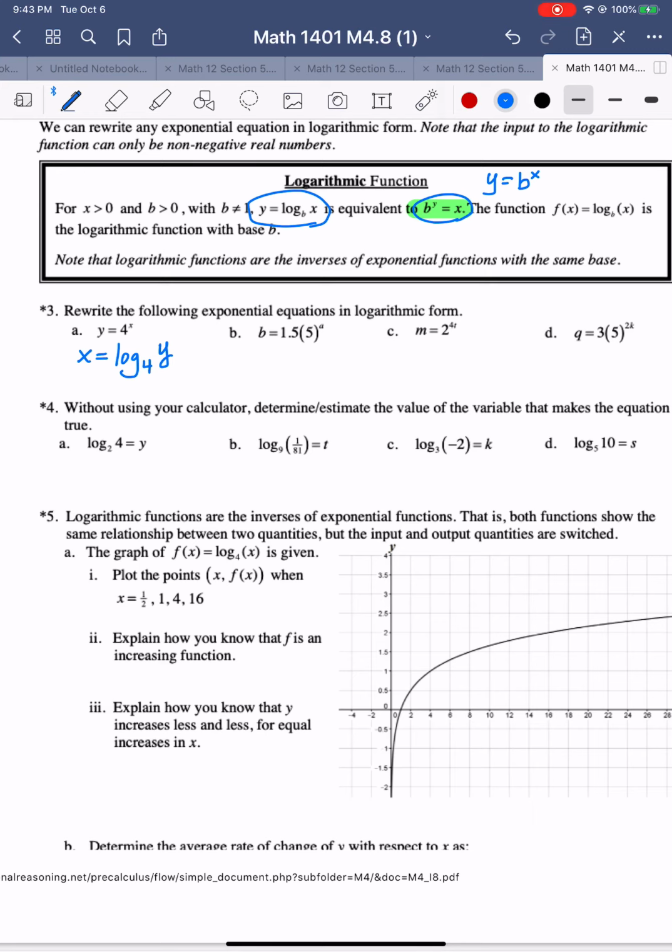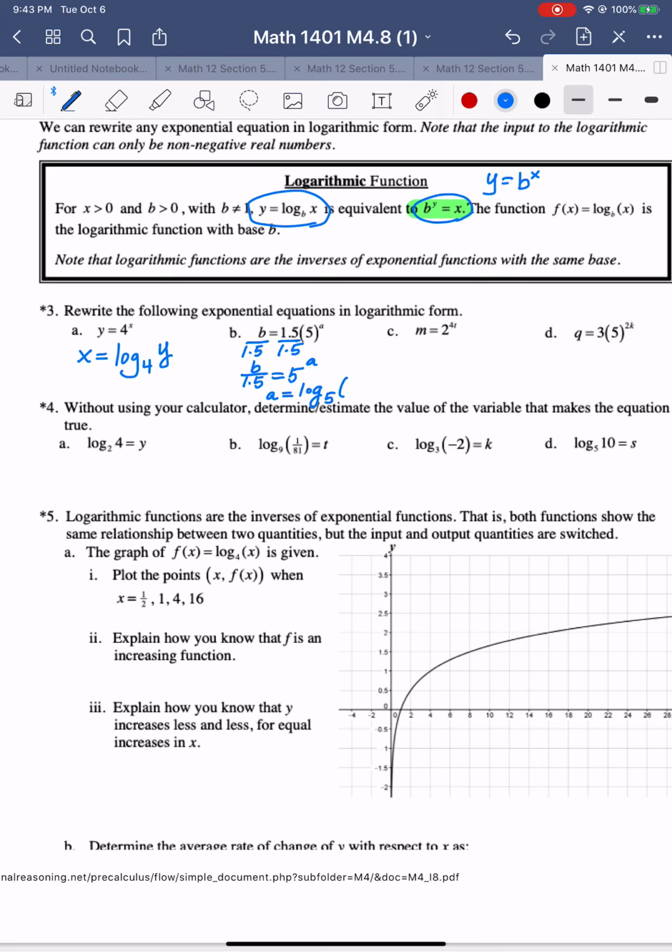For b, 1.5 is not a base, so you divide by 1.5 on both sides. Then you get b over 1.5 is 5 to the 8th power. In order to solve for a, it is the log base 5 of b over 1.5, because we need to mention that it's from the exponent.